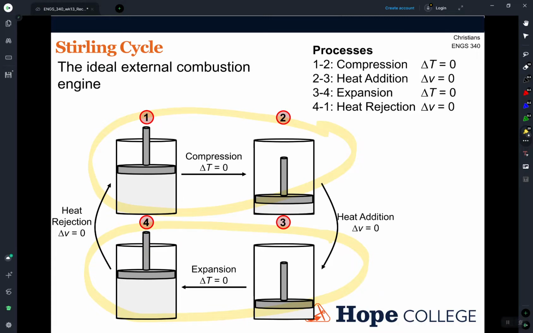So these are used sometimes more recently in what we call combined heat and power applications, where you have some sort of heat source that you use for something else. Maybe this is a heat source that you're using for a building. You can use a Stirling cycle engine to use some of that high temperature heat, turn it into work that maybe you can use to power your building, and then use the waste heat to heat the building, rather than using that high temperature heat to heat directly.